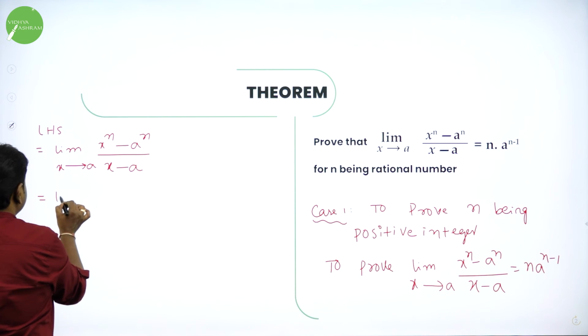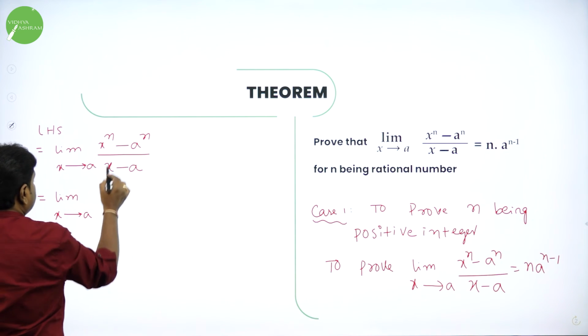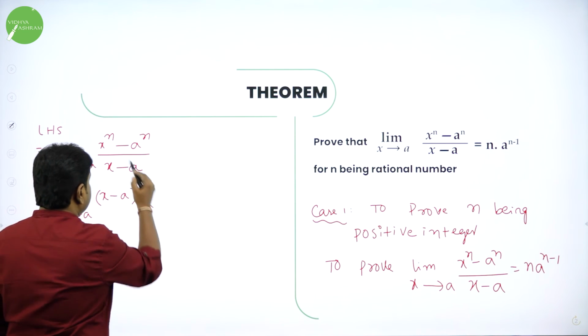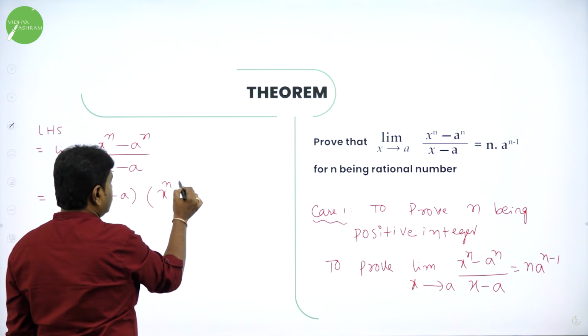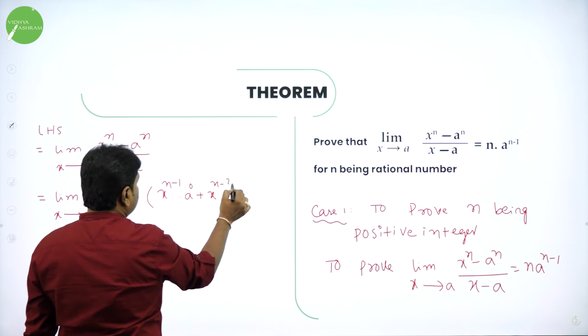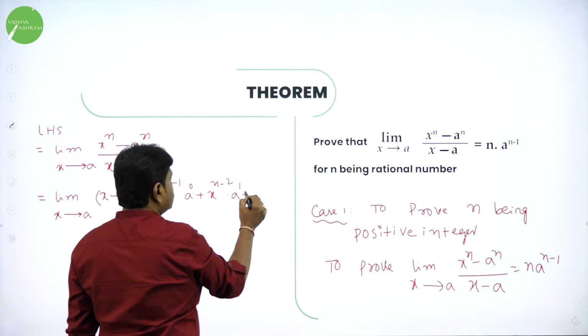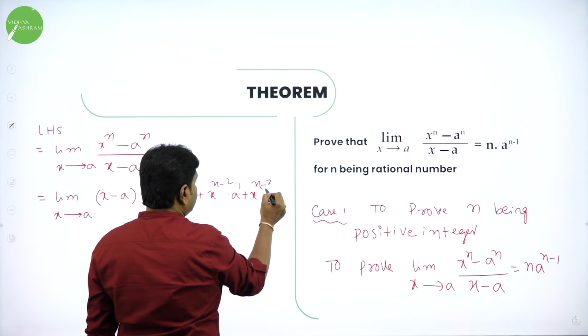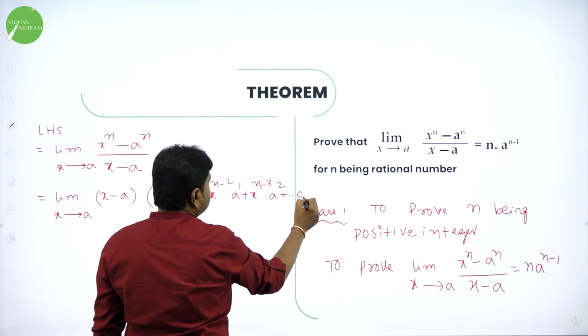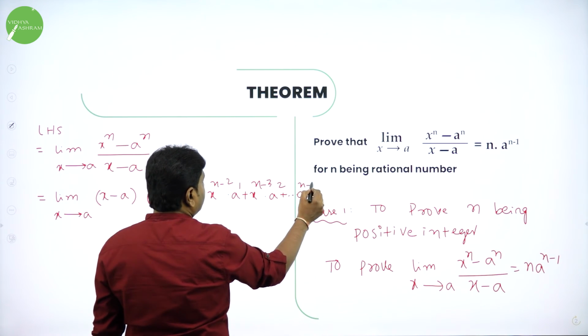You can write it as limit x tends to a, x power n minus a power n can be written as x minus a into x power n minus 1, a power 0, then x power n minus 2, a power 1, x power n minus 3, a square, and it goes on till the last term, you will have a power n minus 1.